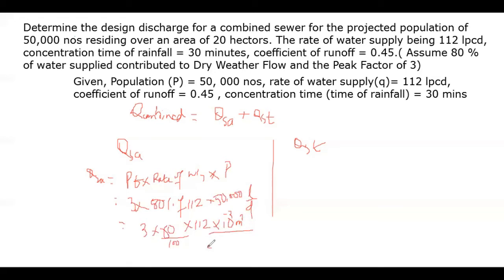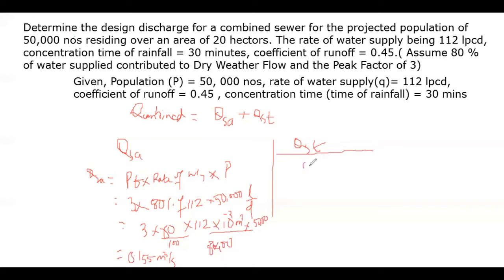And in 1 day you have 86400 seconds, into 50,000. So this shall come out in cubic meter per second. The answer of Q sanitary comes out to be 0.155 cubic meter per second. So this is the amount of sanitary sewage that is passing.